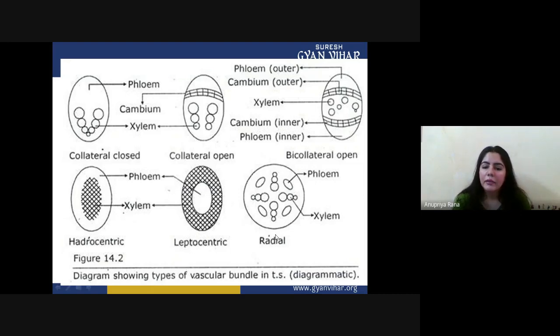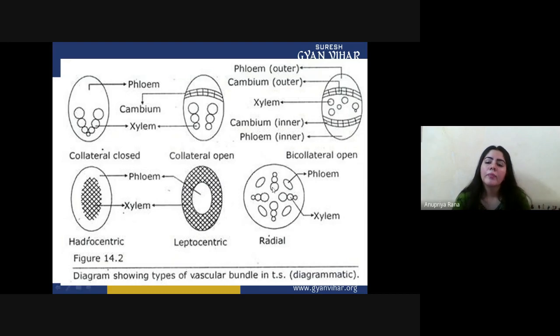Now radial is a symmetry in which, wherever we cut it, they will be divided into two equal halves. You all know about radial symmetry. So what happens in radial symmetry? At whatever position we cut them, they will divide into two equal halves.